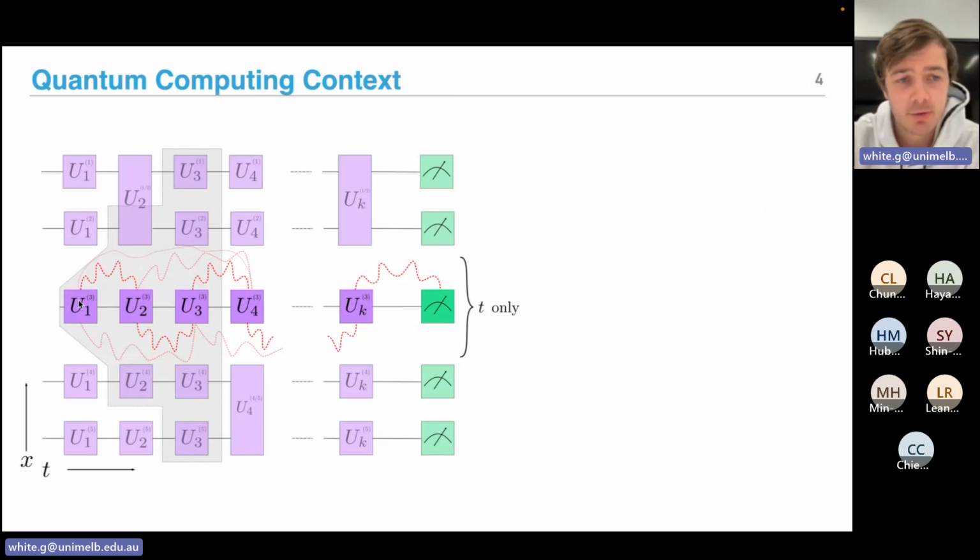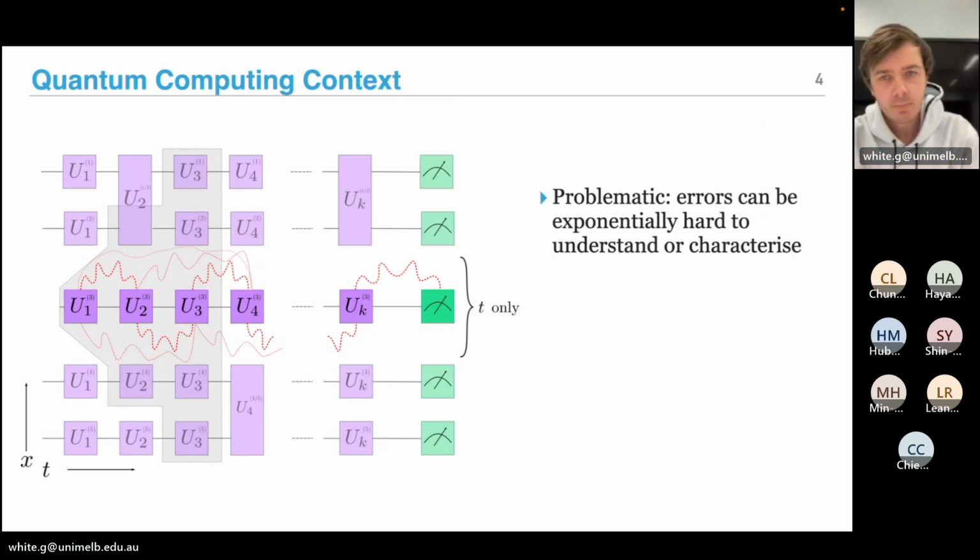Information can be exchanged between neighboring systems or between systems and the environment, and that can come back to generate temporally correlated errors, or more generally, spatiotemporally correlated errors, where some choice of operation in the past on this qubit might affect some future outcome on a different qubit at a different time. These correlated errors are problematic in the sense that they can be hard to understand or to characterize.